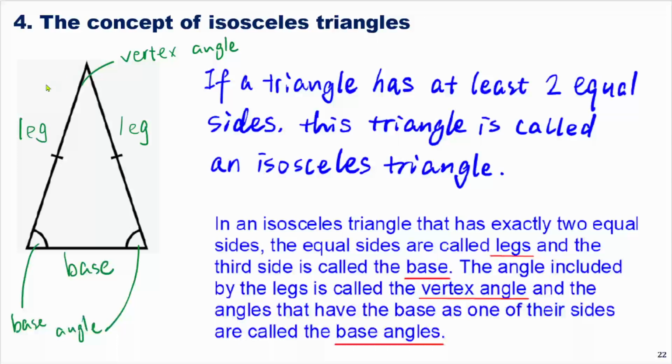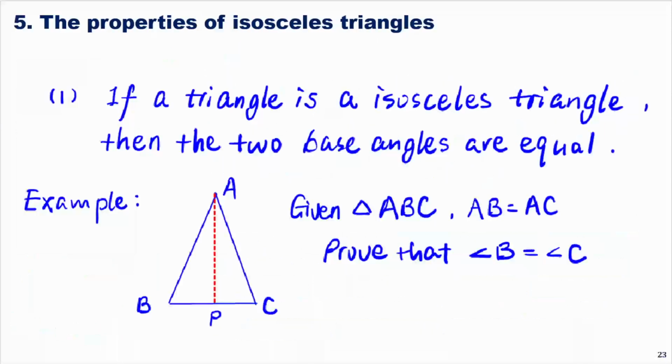Okay, so if you're clear with the concept of isosceles triangles, next let's have a look at the properties of isosceles triangles. First, if a triangle is an isosceles triangle, then the two base angles are equal. For example, given triangle ABC and AB equals AC, so this is an isosceles triangle with AB equals AC.